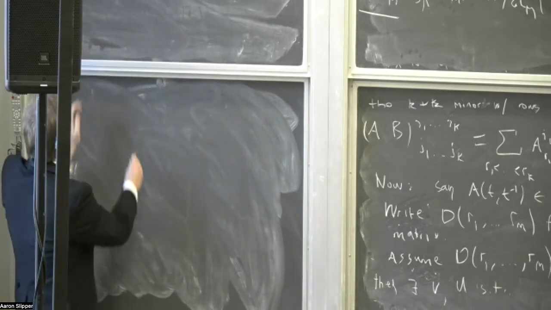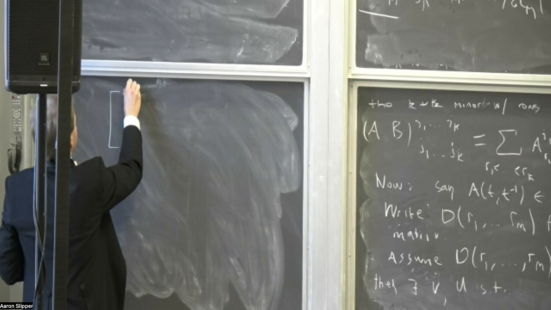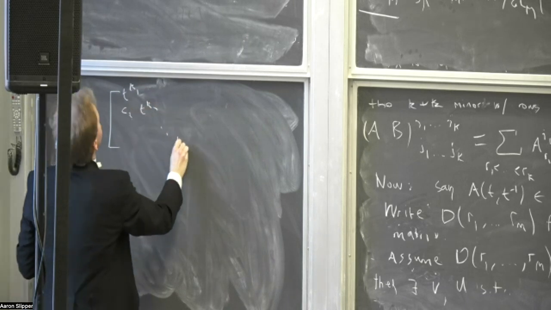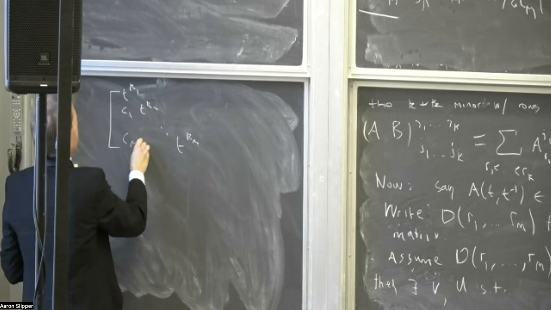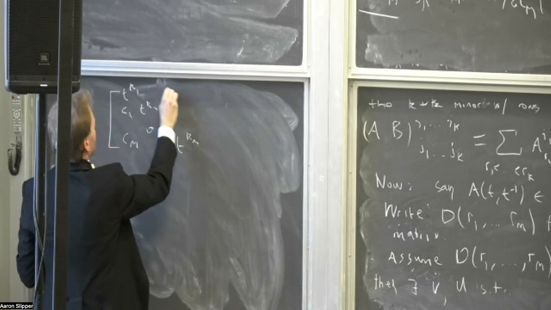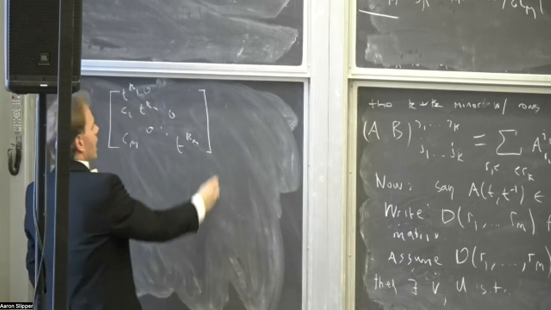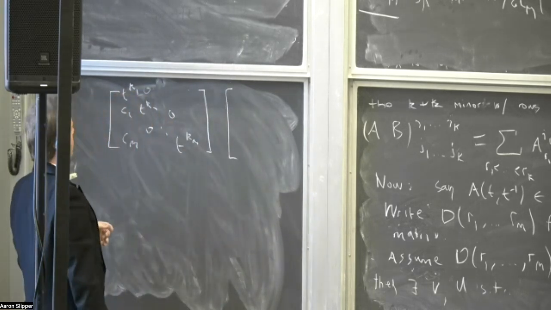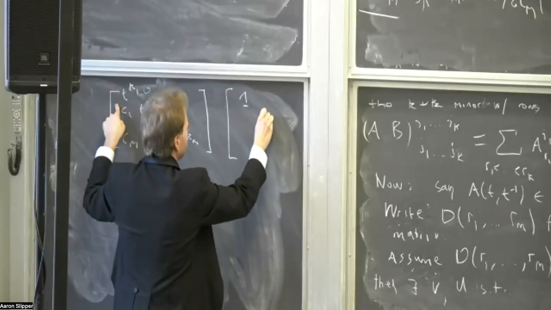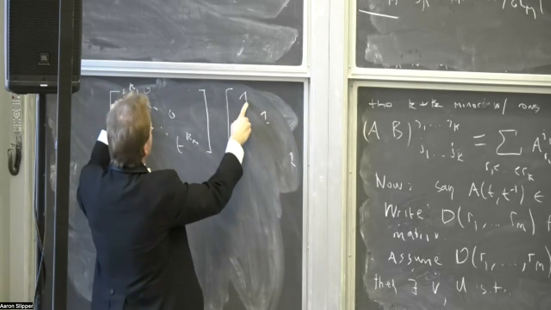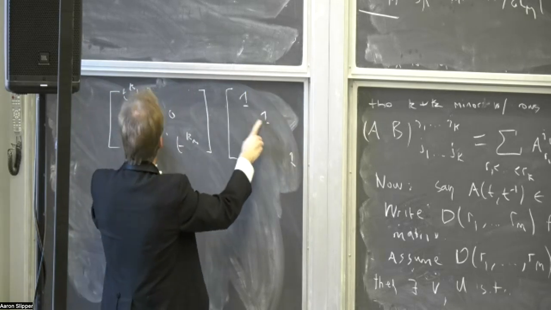So observe that if we take our matrix with t^k1, t^k2, c2, dot dot dot, t^km, cm, and zeros, and I multiply it on this side, I'm allowed to multiply with positive powers. Now if I multiply it by a unipotent, say just look at the c2 term here.